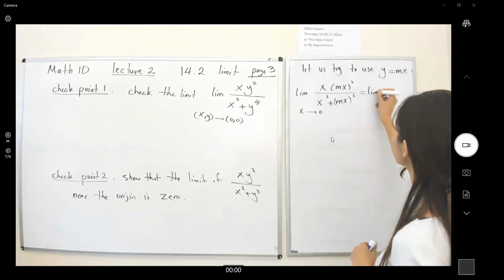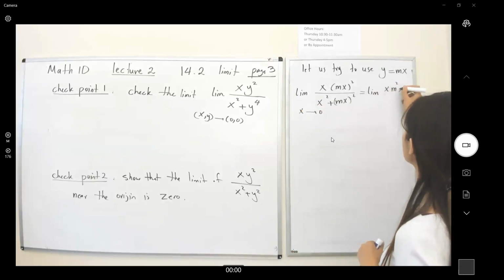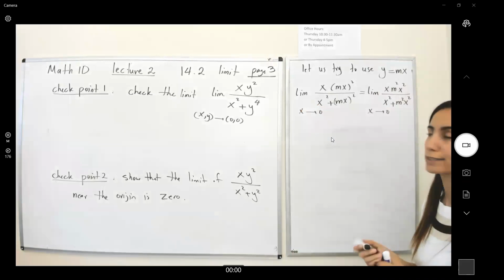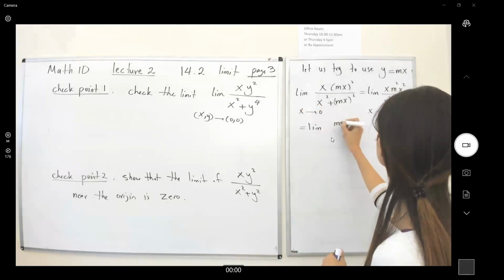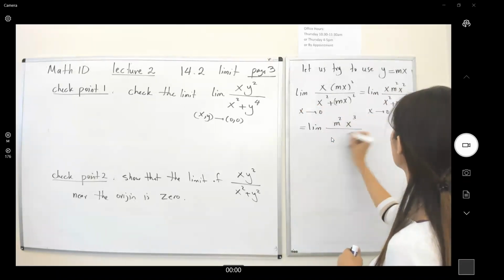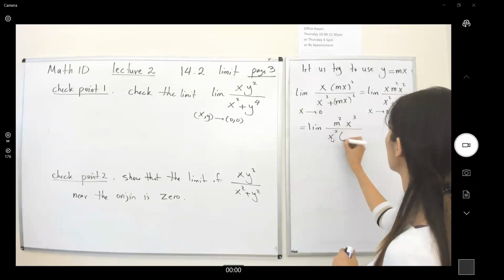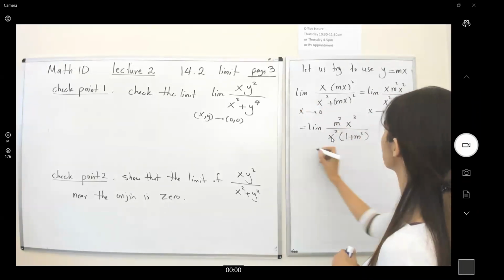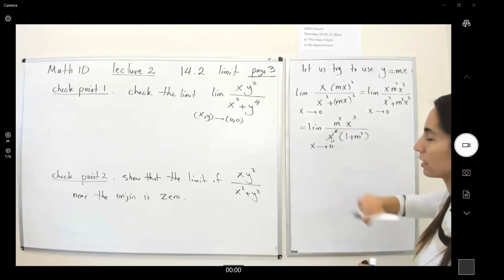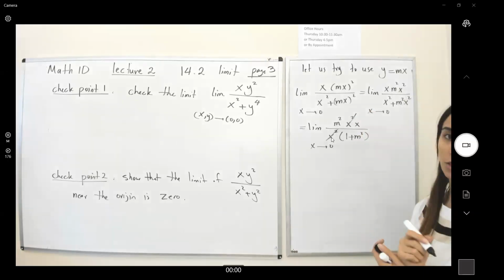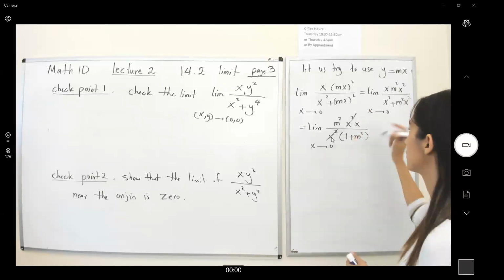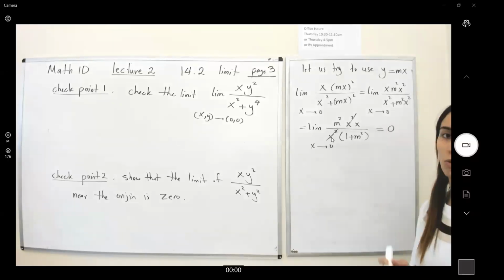So here you end up with the limit of x times m squared x squared divided by x squared plus m squared x squared, as x goes to 0. So here you have the limit of m squared x cubed divided by, if you factor out x squared, you get 1 plus m squared, x goes to 0, so I can get rid of x squared. Since x goes to 0, this is equal to 0.